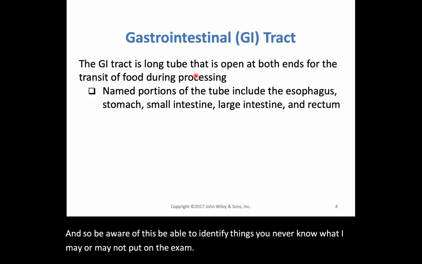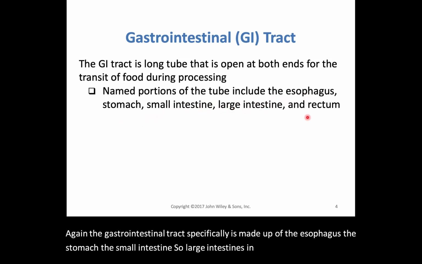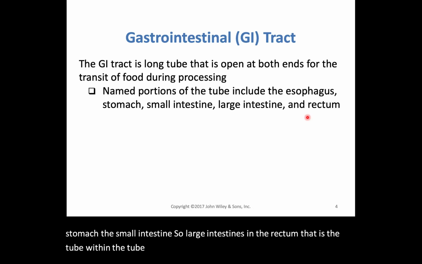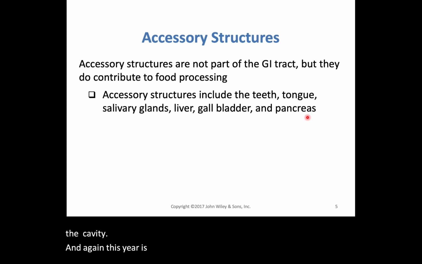So again, the gastrointestinal tract specifically is made up of the esophagus, the stomach, the small intestines, the large intestines, and the rectum. That is the tube within the tube. It does not include the oral cavity or the anus or the anal cavity. And again, this here is just highlighting those accessory structures as well.